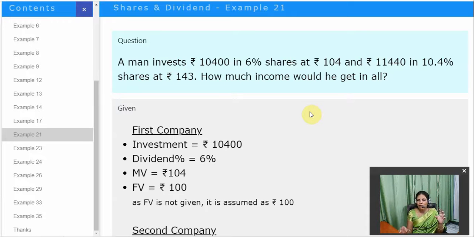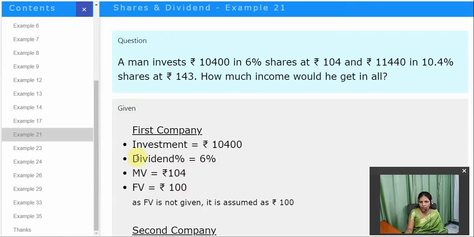So you need to find the income from the first company and then the income from the second company, and then you need to total up both the incomes. That is what they have asked here. Now I have written here under the given data, the first company: this is the investment, dividend percentage, market value is 104 and face value is 100.